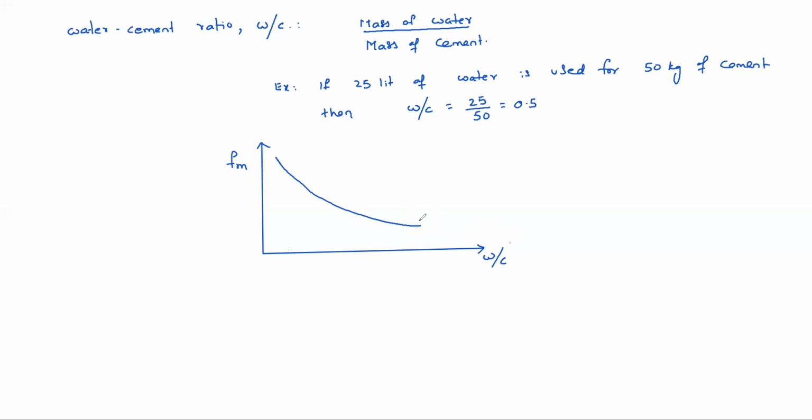Why? See, if you use more water, the mix will be more workable. That means with more water content, workability will be more. You can mix the concrete very easily, you can transport it very easily, and you can place it very easily.